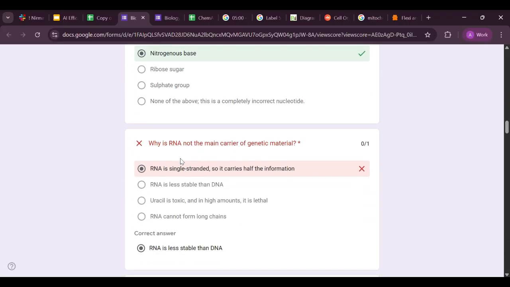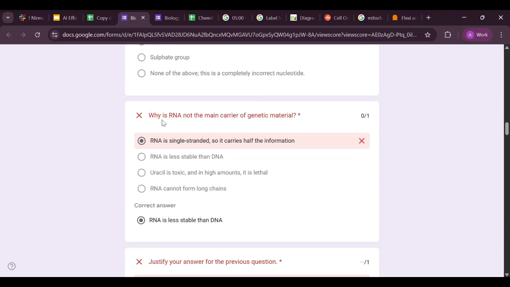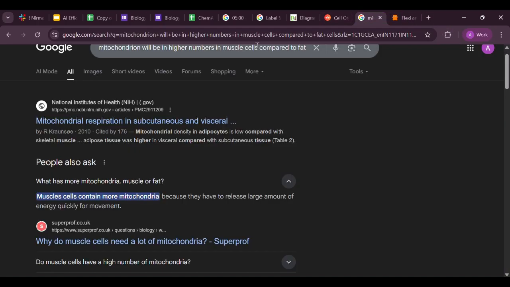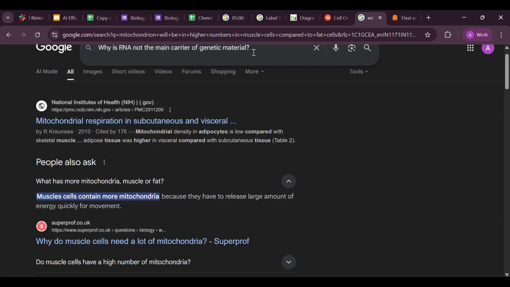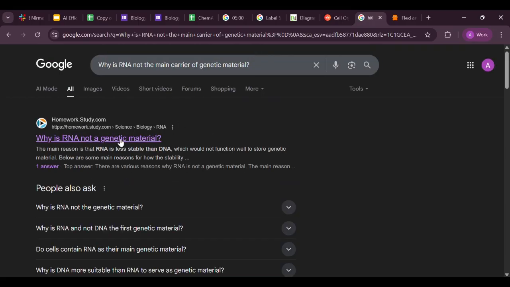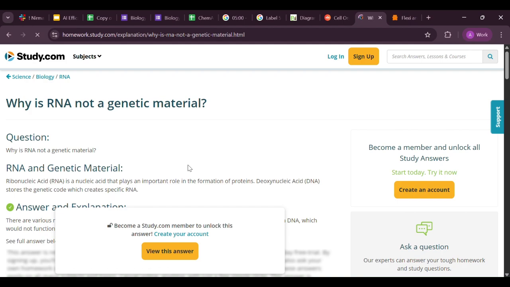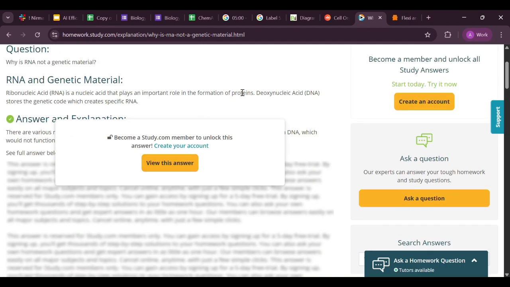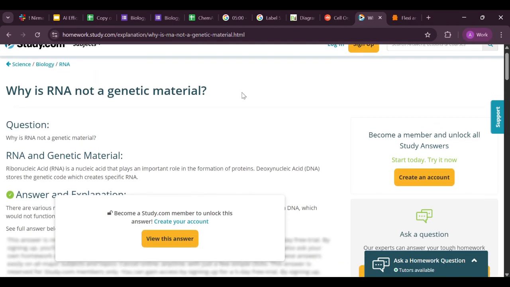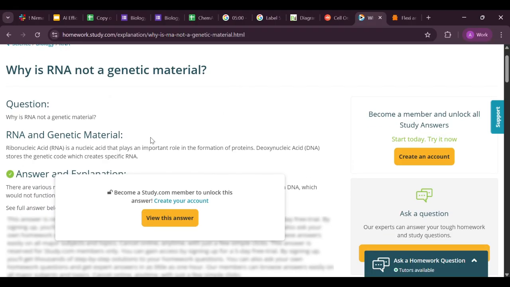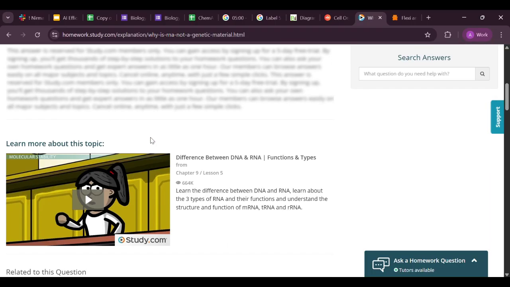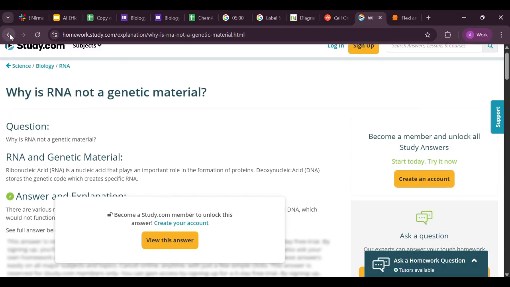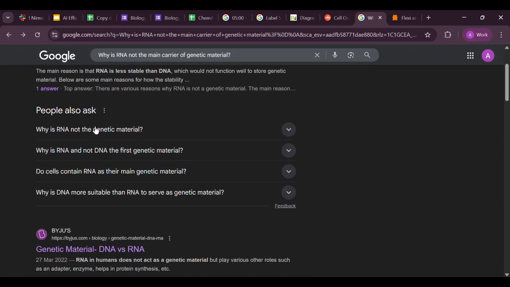Okay, here, why is RNA not the main carrier of genetic material? Let's see the correct answer for this. We will use this tab only. Let's see the answer. Okay, it is a paid site, so we will not be able to see the answer here. Let's go for something better, like an open source.